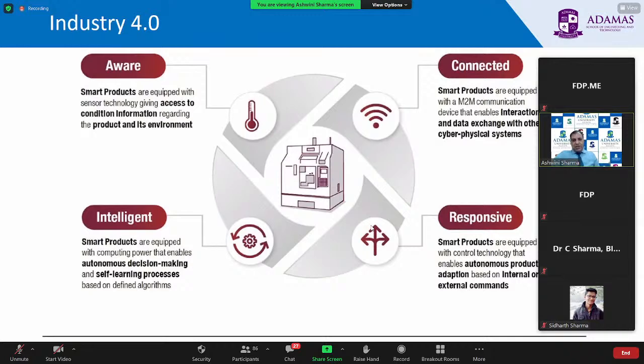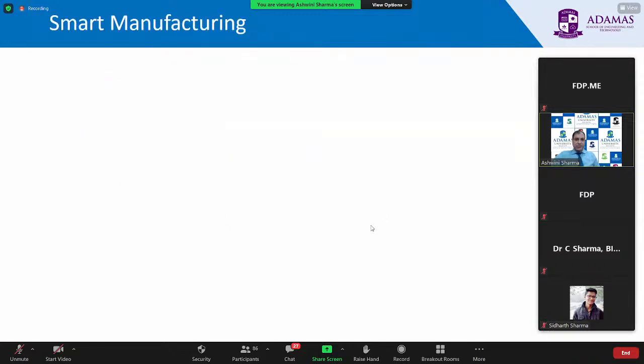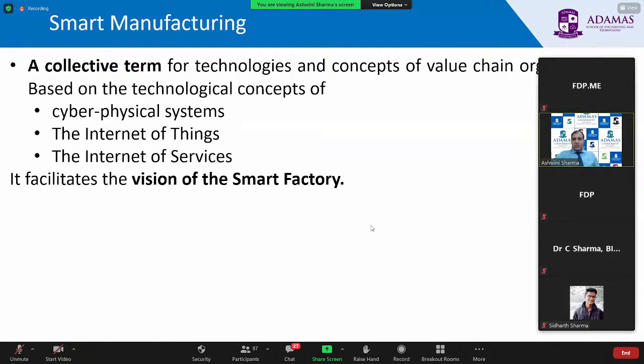So this gives some understanding of how it happens. Now the term smart manufacturing is nothing but Industry 4.0, so do not get confused. It depends on you which term you want to use. This is a collective term for technologies and concepts of value chain organization. Value chain means right from the beginning to the end.